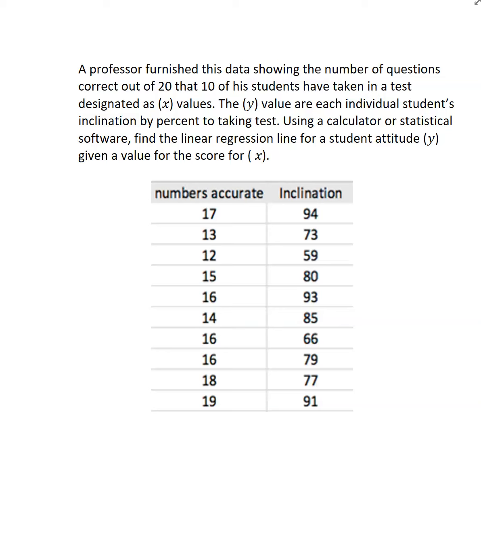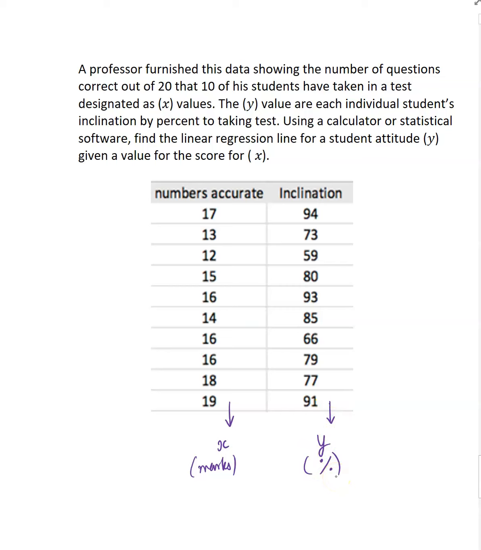So you can clearly see that these are values within 20. So it must be your X values. These are the test scores that they got correct. So this is the X column. And the Y are the values for each student's inclination by percentage. These are the marks or the points. And so this is your Y, and this is measured in percentage.